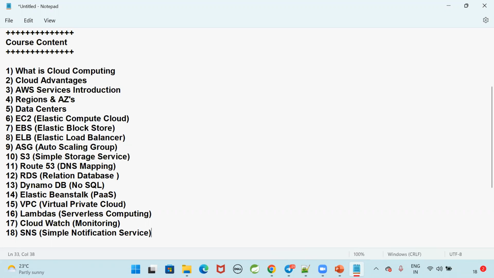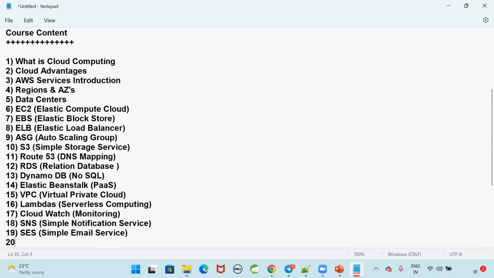Then SES, Simple Email Service. SQS, Simple Queue Service in the AWS cloud.